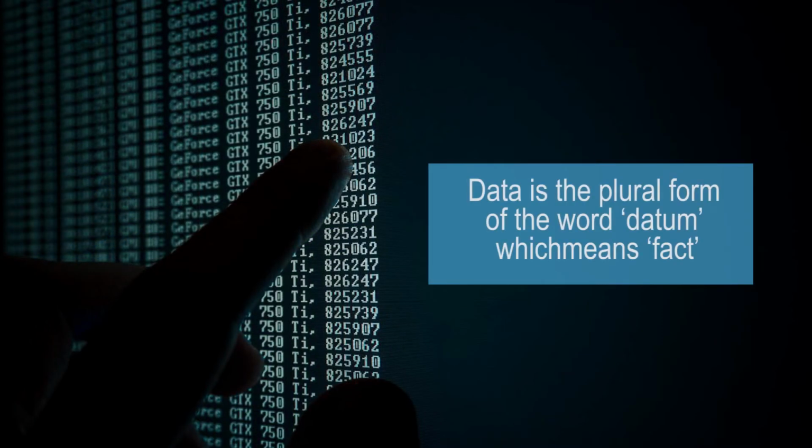Here, data is the plural form of the word datum, which means fact. So data here means a fact. It may be a demographic fact. It may be an achievement-related fact. It may be an attribute-related fact of the learner. It may be related to physical abilities or mental abilities.